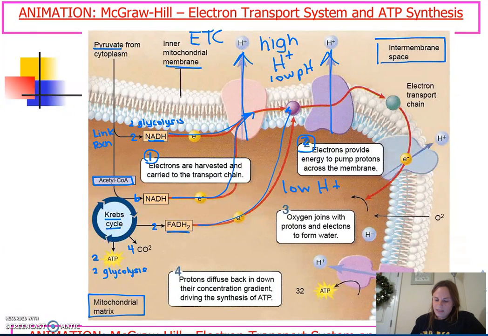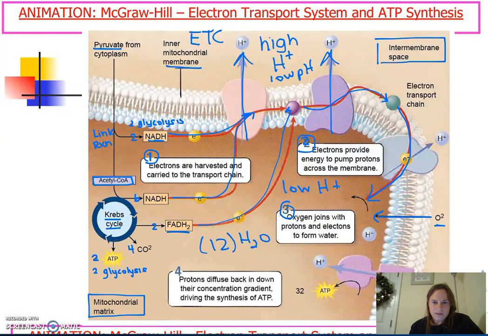So these electrons are passed along, kind of like hot potatoes, down the electron transport chain until eventually the oxygen that has been able to diffuse through the inner mitochondrial membrane joins with protons and electrons to form water. So I'm going to get 12 water produced from the ETC.